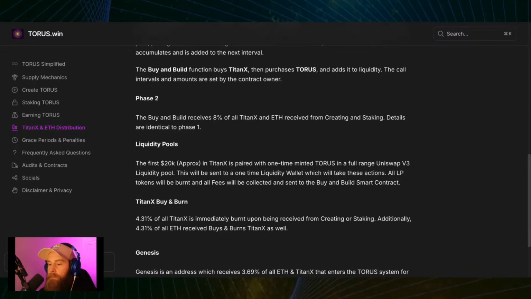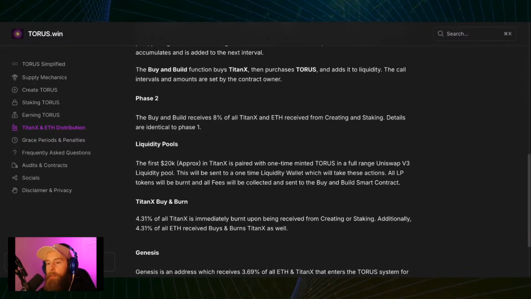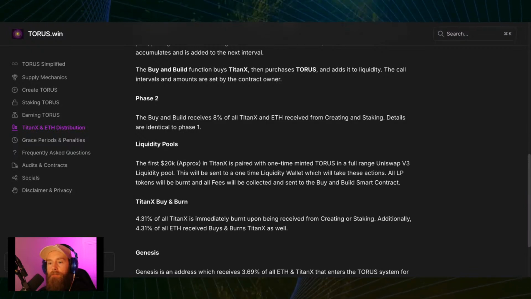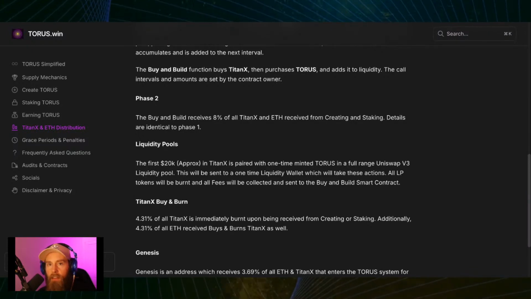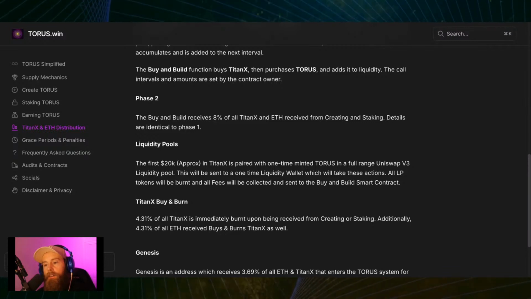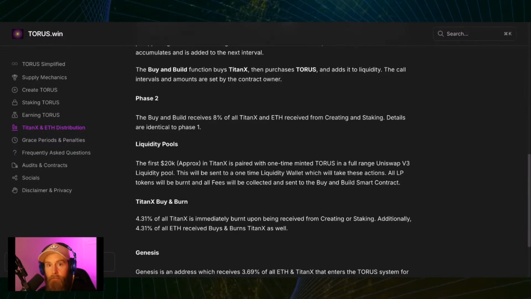I'll share this with you. So let's say Titan X goes up in price, right? But PLSX and TORUS has a thick liquidity pool. Now, what happens if Titan X is going up and PLSX isn't going up, right?